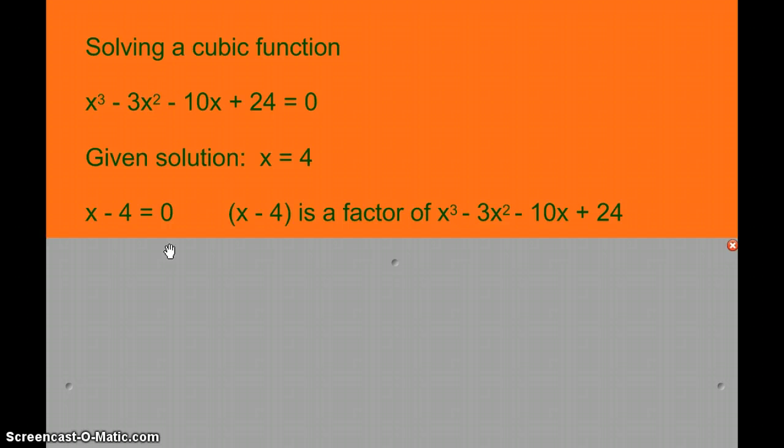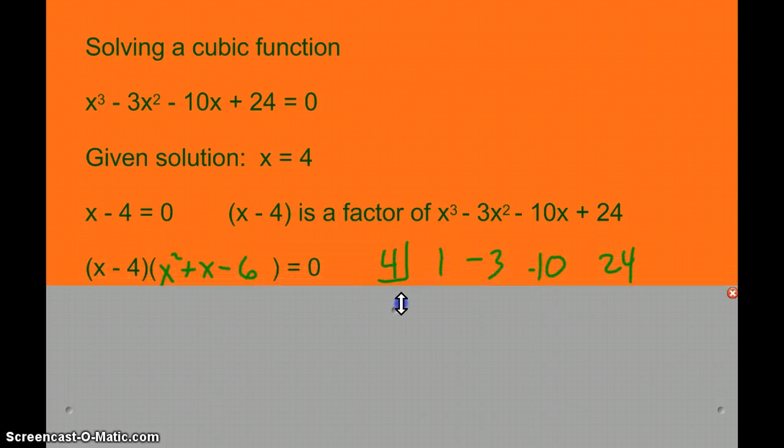Just like when you solve a quadratic, it's easiest to factor it and then set each factor individually equal to 0. So I know x minus 4 is a factor of this equation, which means that if I divide x minus 4 out of x cubed minus 3x squared minus 10x plus 24, it has to go in evenly.